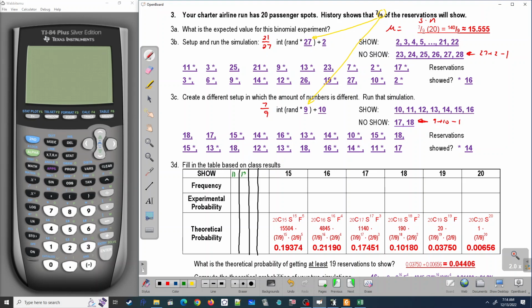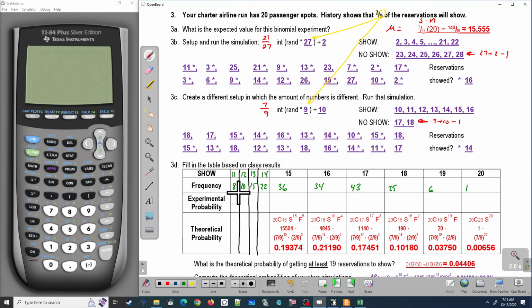So we have 11, 12, 13, 14. 11 occurred 8 times, 12 occurred 10 times, 13 occurred 15 times, 14 occurred 22 times, 15 occurred 36 times, 16 occurred 34 times, 17 occurred 43 times, 18 occurred 25 times, 19 occurred 6 times, and 20 occurred 1 time. If I was going to work out the experimental probabilities, I would take 8 over 200.